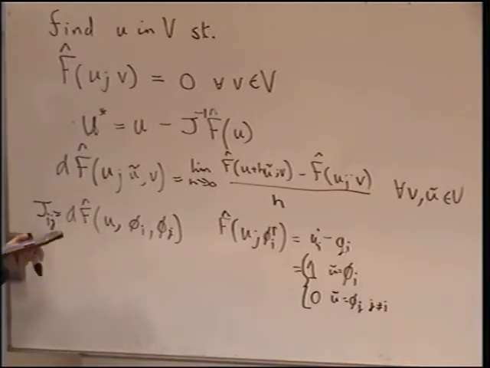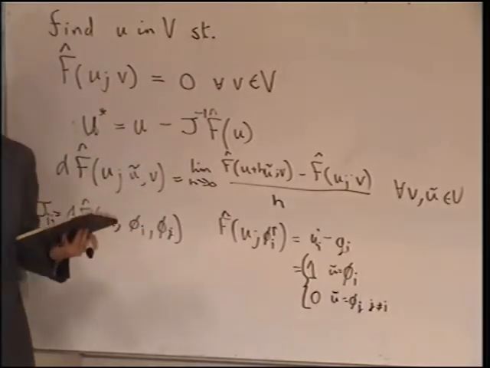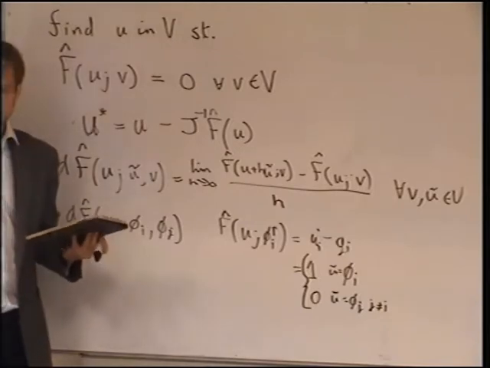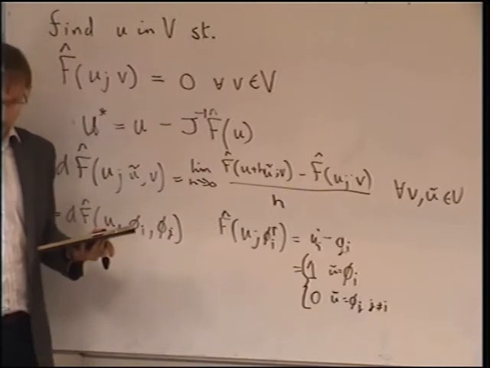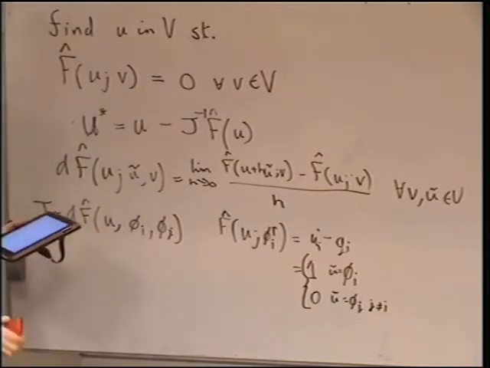There is no mathematical significance to that at all. Everything I'm going to write is true for any numbering you choose, but it's a lot easier to write up if you assume that you have all the Dirichlet conditions together and then all the others apart.